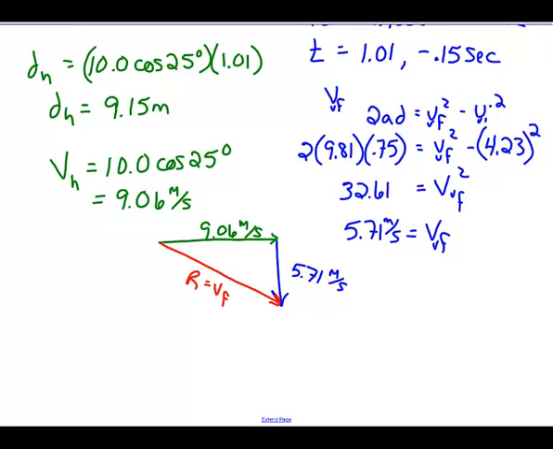So I do Pythagorean theorem. I get a final velocity of 10.71 meters per second, which is larger than my initial velocity because I've traveled farther down. I'm lower than where I started, so I'm going faster than what I was going when I started.